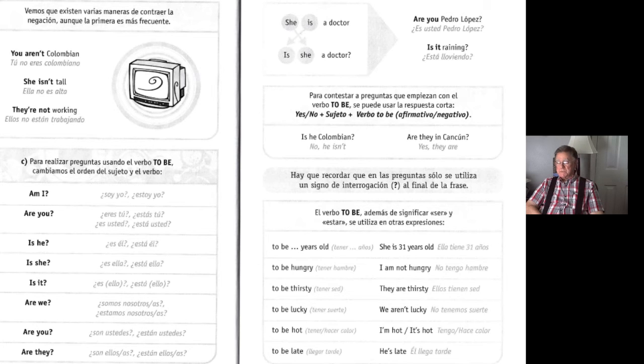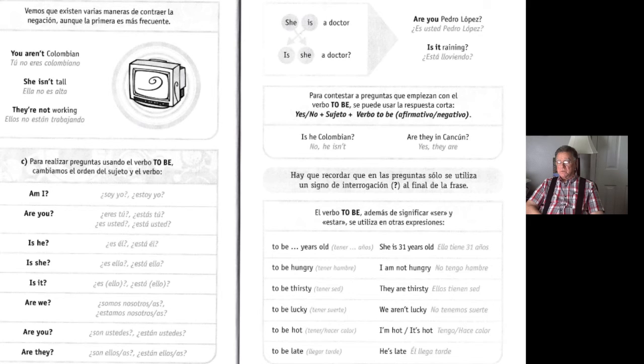Going on to the next person has to do with somebody's occupation or identification. Okay, let's talk about she is. She is a doctor. Okay? She is a doctor.